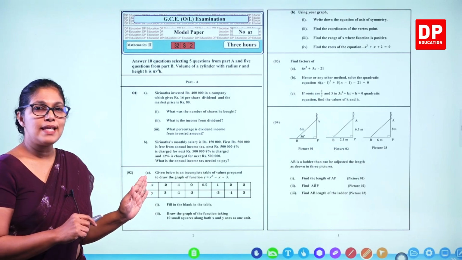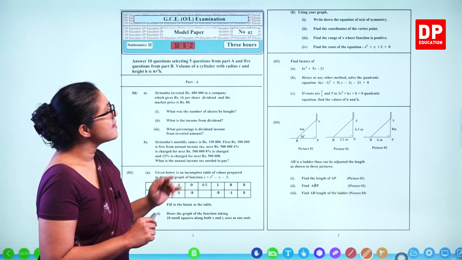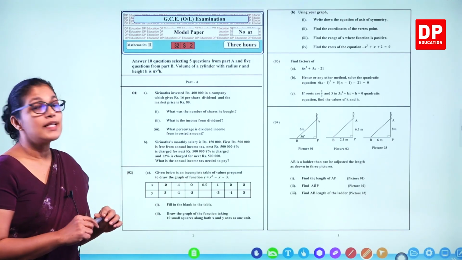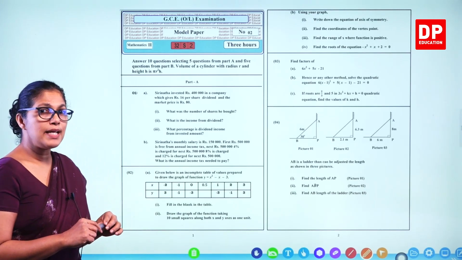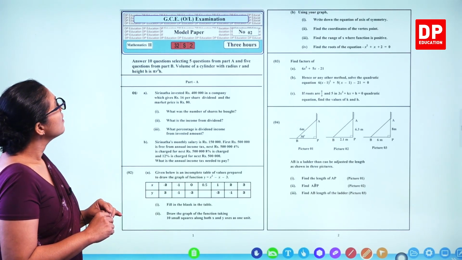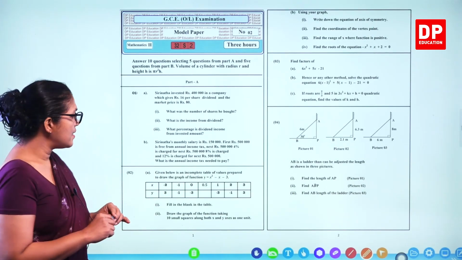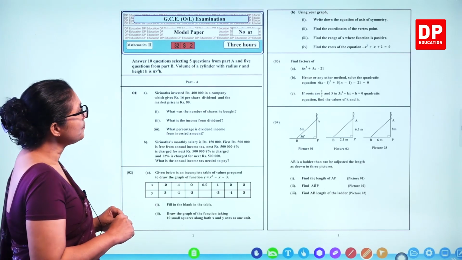Similar to your O-level exam paper, you get 6 questions from part A and 6 questions from part B. Each question is worth 10 marks and you can spend a maximum of 18 minutes on it. Spaces are not given, so you can ask for line papers, and for graph paper, you can get a graph paper.